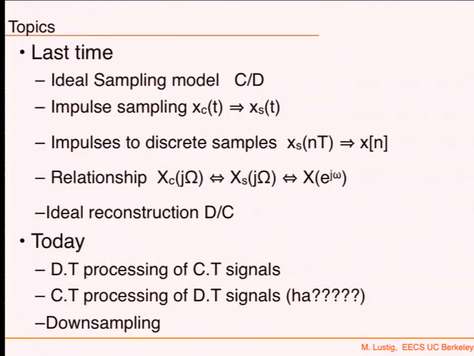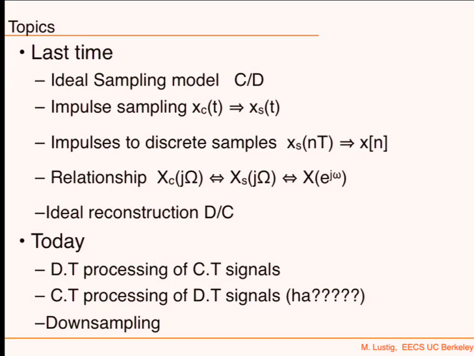Okay, so last time we talked about the ideal sampling model, so continuous to digital conversion. We talked about the difference between continuous to digital conversion and analog to digital conversion, which is just the wording, but continuous to digital conversion is the ideal one, where analog to digital conversion, we're going to refer to as the non-ideal case.